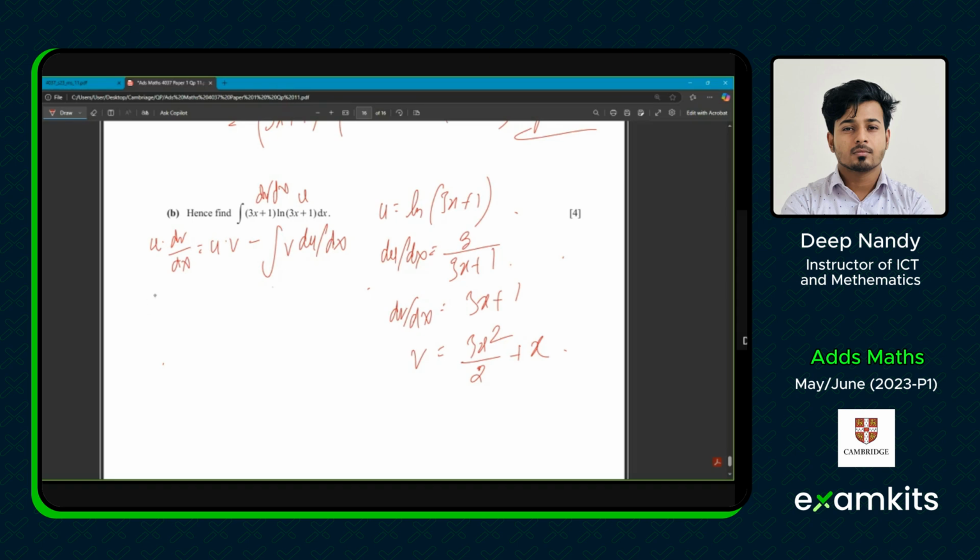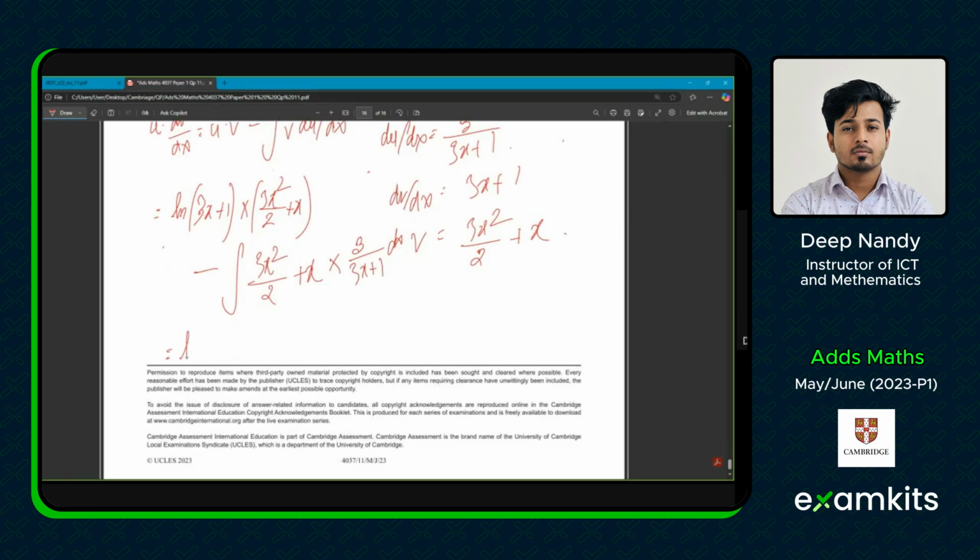Putting it in this formula, u·v equals ln(3x+1) times (3x²/2 + x), minus the integral of v, (3x²/2 + x), times du/dx, that's 3/(3x+1), dx.